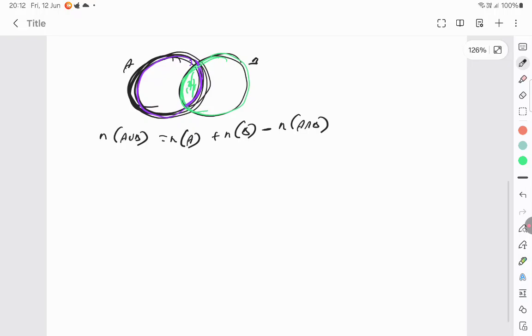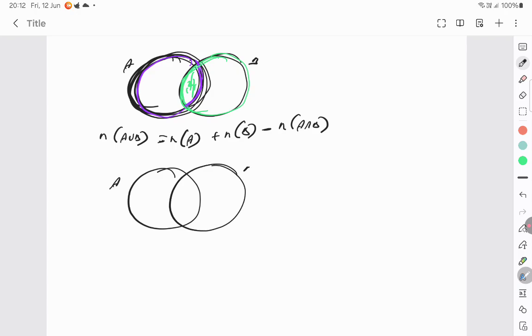Next, supposing they ask A only. The people who are drinking tea and coffee, the question is about people drinking tea only, or A only. Then it's n of A, which is this whole circle, minus n of A intersection B. So the formula is n of A minus n of A intersection B. What is the meaning of B only?